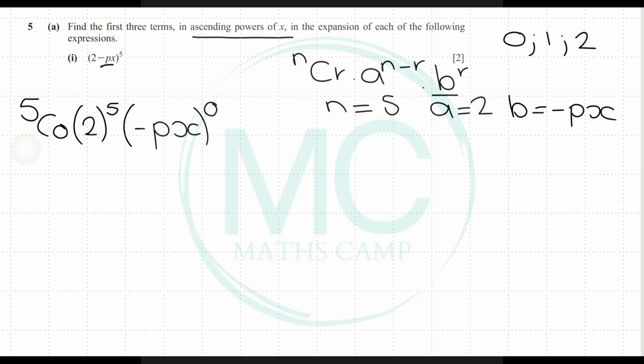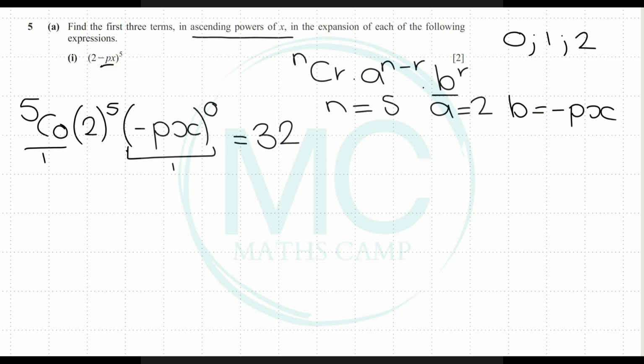When you are working with NCR and r is 0, the whole value of NCR will always be 1. So this is 1. Any bracket with an exponent of 0 is 1. So now we have 2 with an exponent of 5, which is 32, multiplied by 1, multiplied by 1 again, which means our constant is 32.